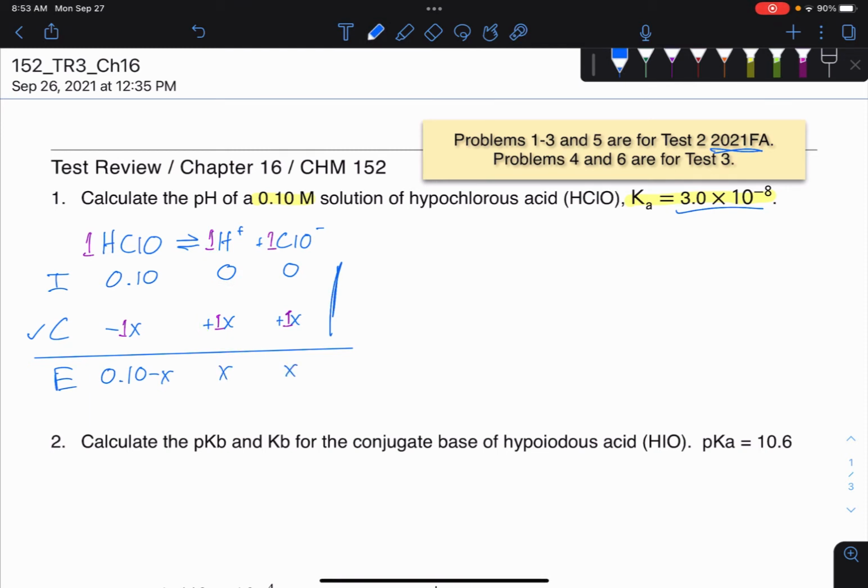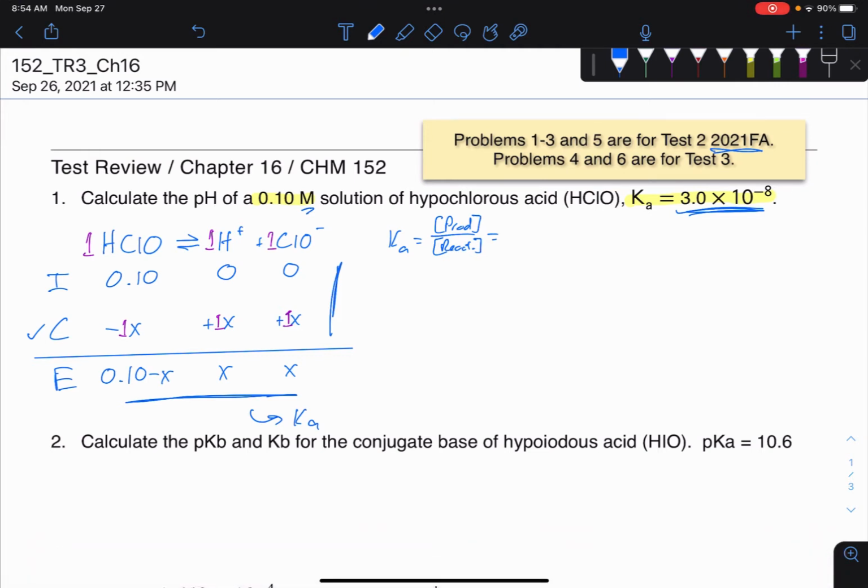Now, if we're at equilibrium, then we're ready to approach the Ka expression, the ratio between the products and reactants for any kind of equilibrium constant. Now this is in molarity, so it is in concentration.